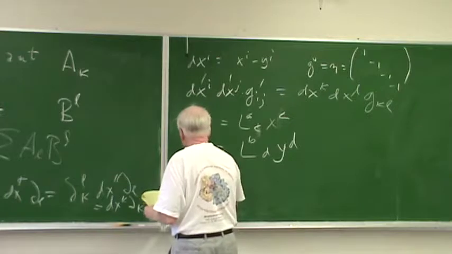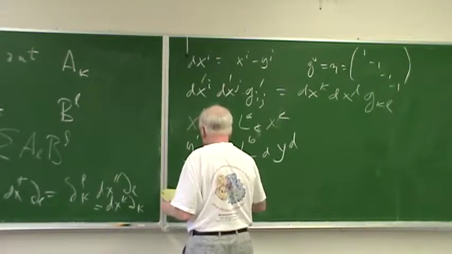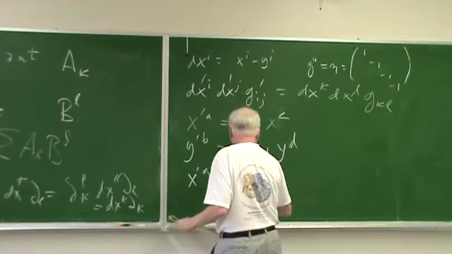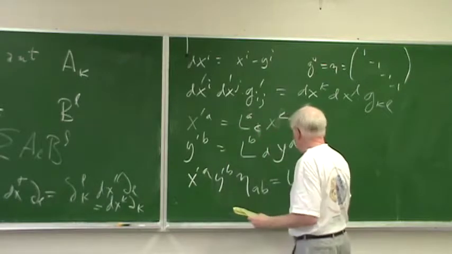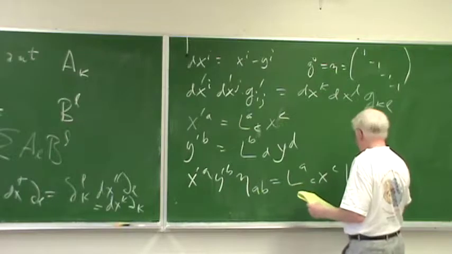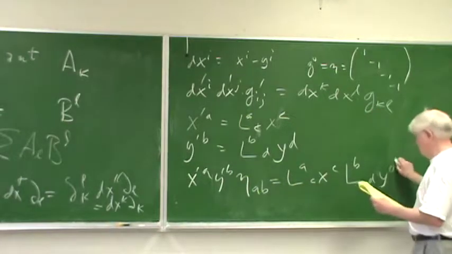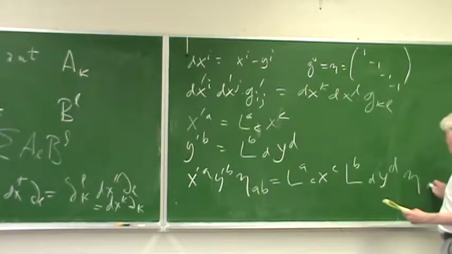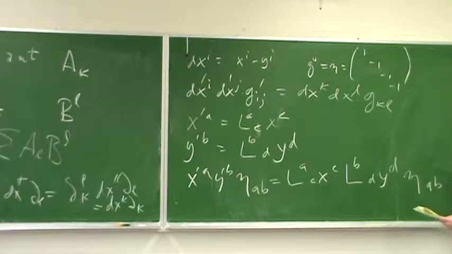We want x prime^A, y prime^B, eta_AB, and that's L^A_C x^C, L^B_D y^D, eta_AB, to be equal to x^C y^D eta_CD.